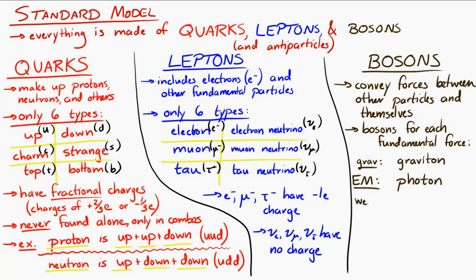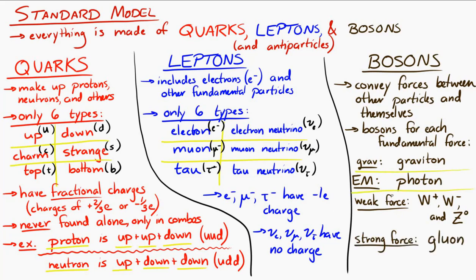The weak force is carried by 3 types of bosons called the W+, the W-, and the Z0. And the strong force, remember that strong force, that's the binding force in the nucleus. The strong force is carried by a boson called a gluon, which makes sense because it glues together nucleons.